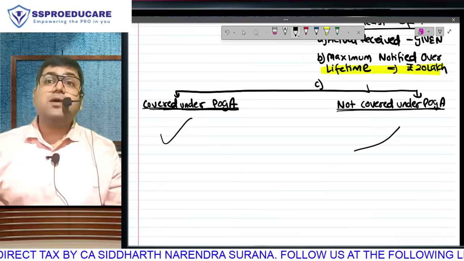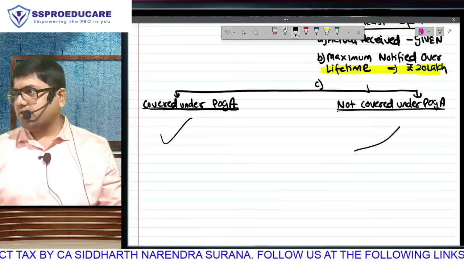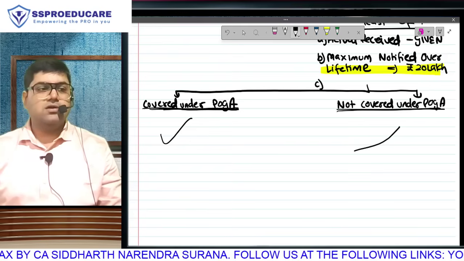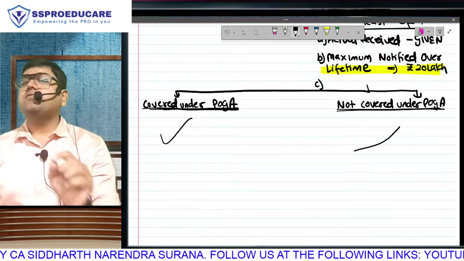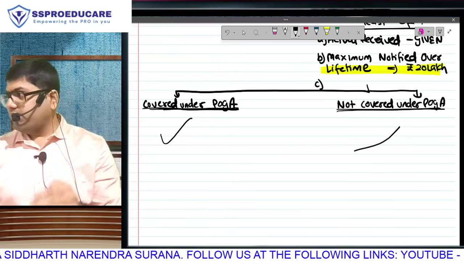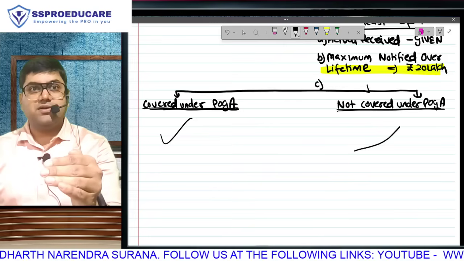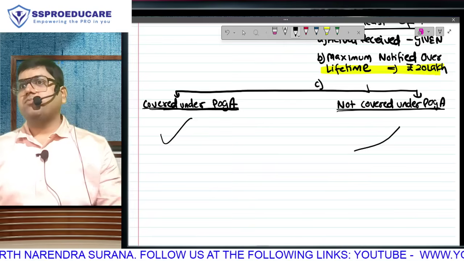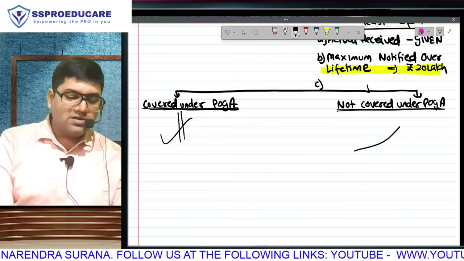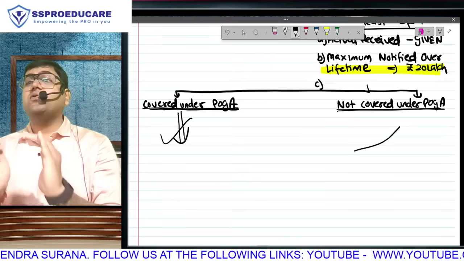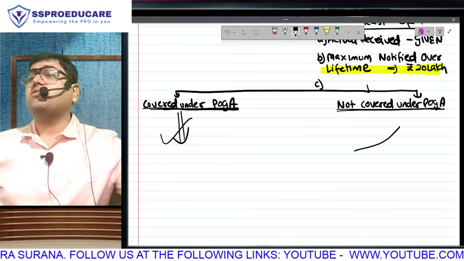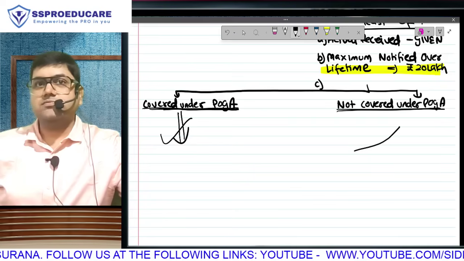Now, when a person is covered under POGA, listen to me carefully. There is a calculation given under that act that if an employee has worked for you for these many years, pay this much gratuity compulsorily. So this calculation is strictly borrowed, copied as it is word to word from Payment of Gratuity.